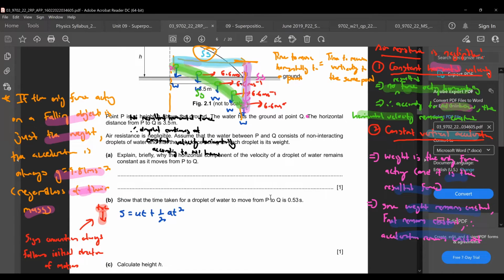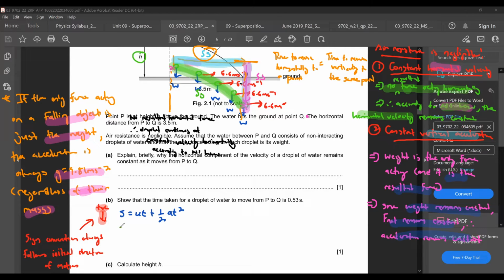Then after that, if we want to do this, I actually can't do this because I have some issues here, right? This one I can't do because I do not know what the vertical displacement is. I know my initial vertical velocity is 0. And then my a is actually my g, 9.81, and then t squared. Now if I do it like this, I'll get stuck already.